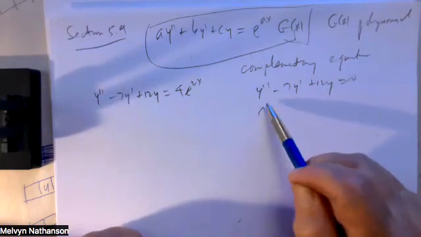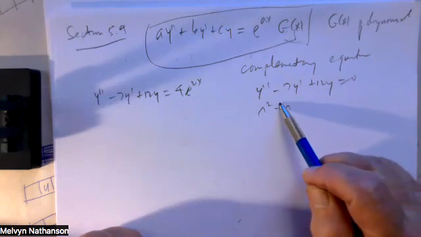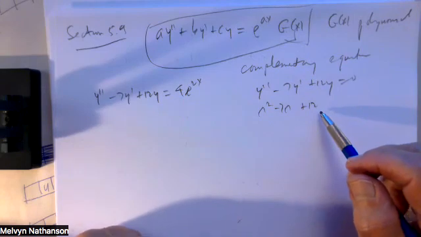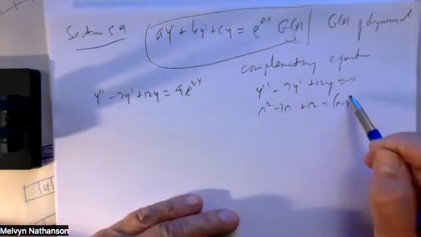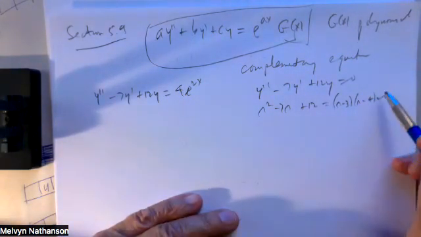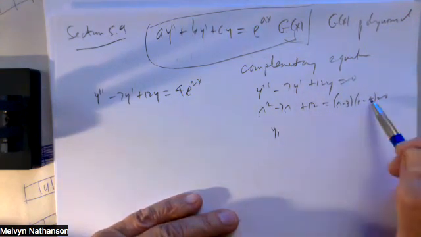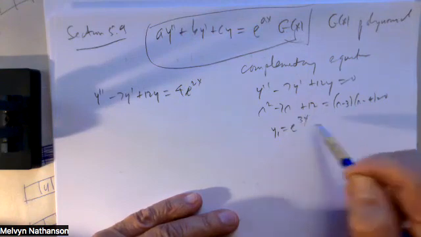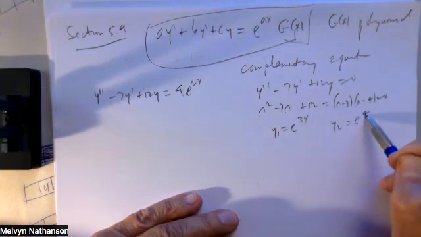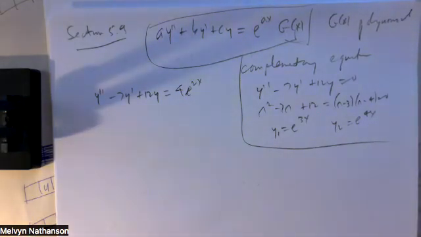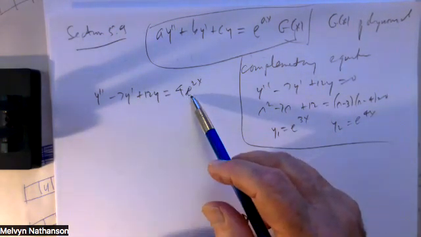If you look at the quadratic, r squared minus 7r plus 12, that factors: r minus 3, r minus 4 equals 0. So for this equation, a fundamental set of solutions is y1 equals e to the 3x, and y2 equals e to the 4x. So solving the complementary equation is easy. But how do we find a particular solution for this?